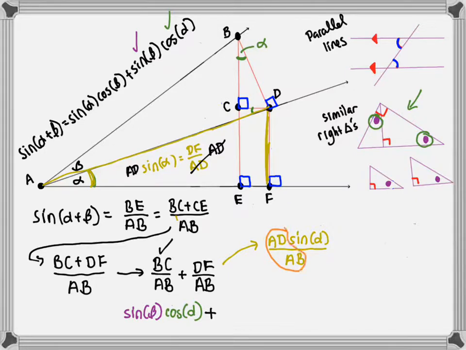If I look over here, the cosine of beta is going to equal adjacent over the hypotenuse, so cosine beta equals AD over AB. And guess what? That's what we have right there. And so at the end of the day, we're going to get cosine beta times the sine of alpha.